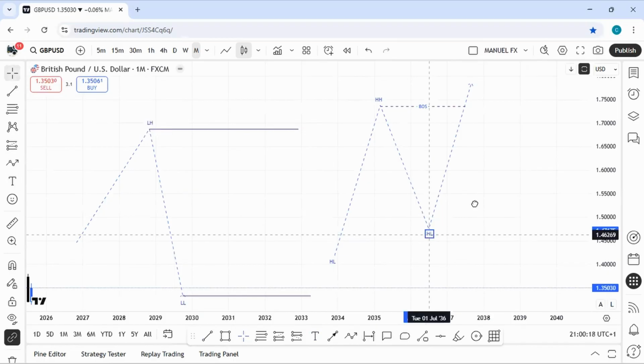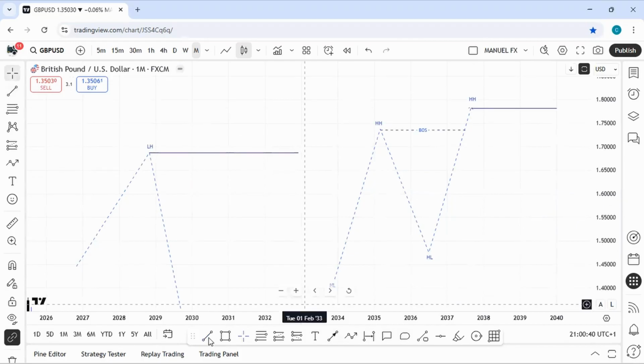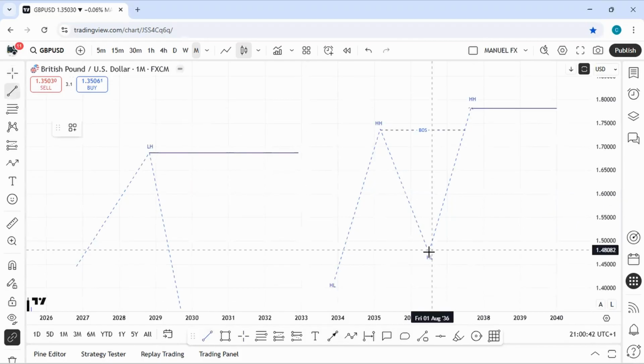Since here is our higher low, our swing point is going to be from the last higher high, the recent higher high, and the previous higher low.